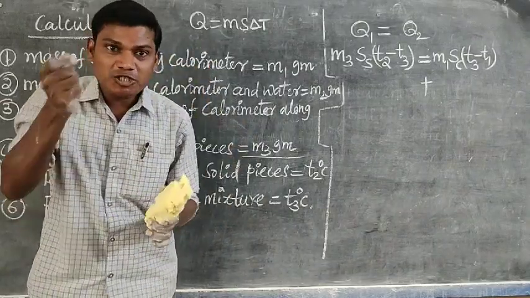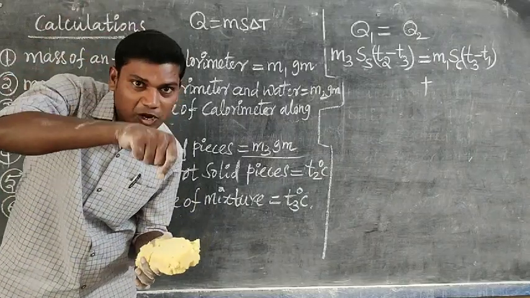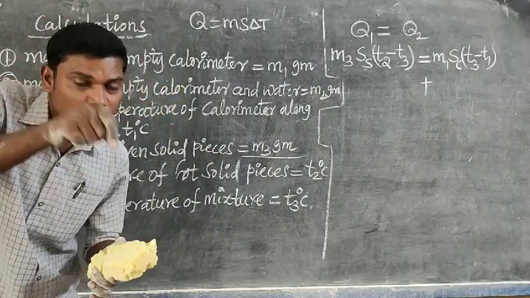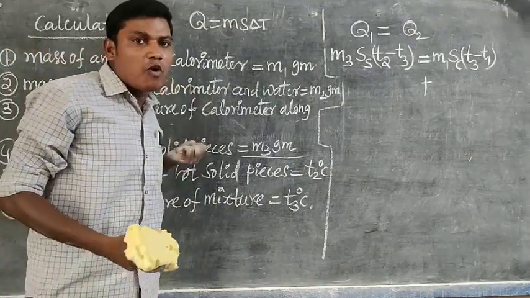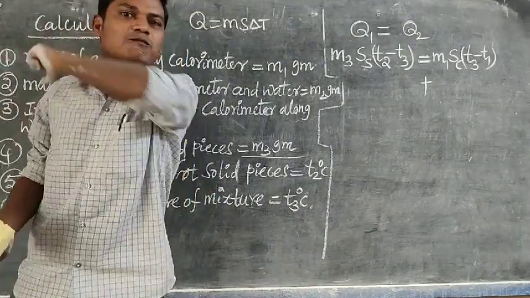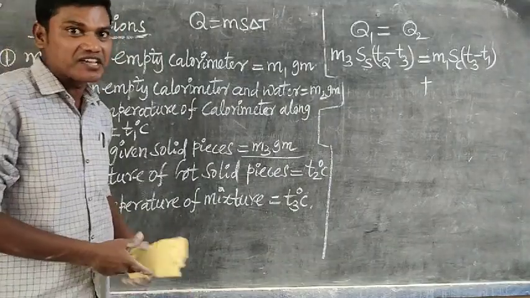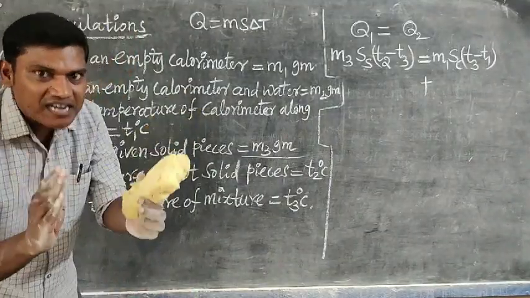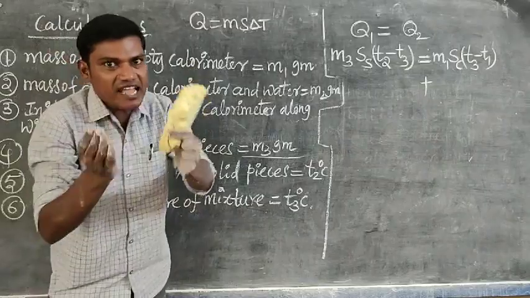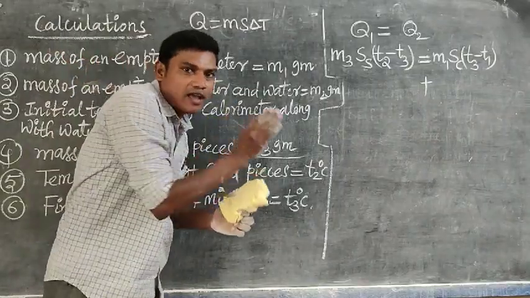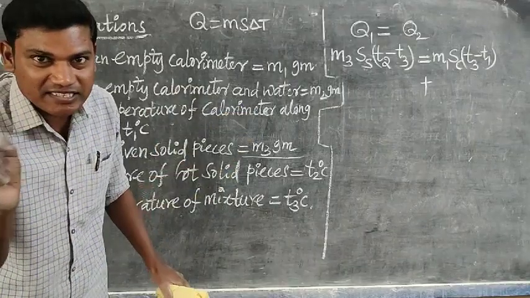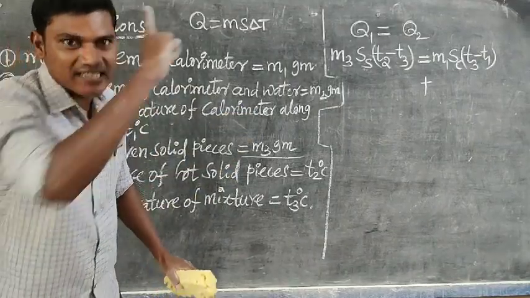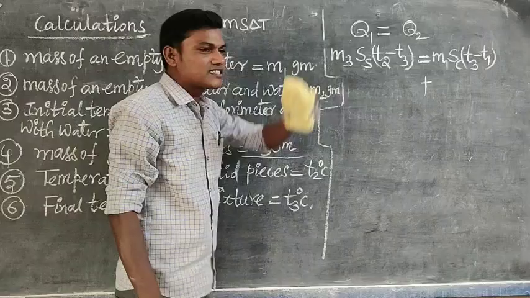So when the solid pieces are put into the calorimeter already containing water, the copper will absorb more heat energy than the water due to lesser specific heat. That's why we separately consider the heat energy absorbed by the copper vessel and the water, because their specific heat capacities are not the same.